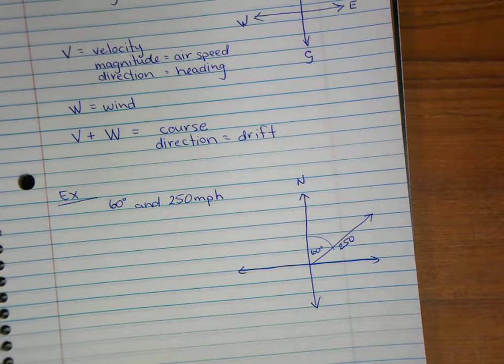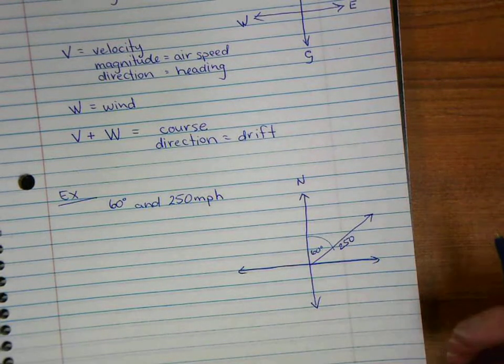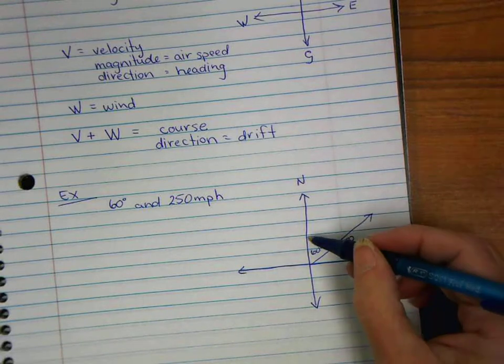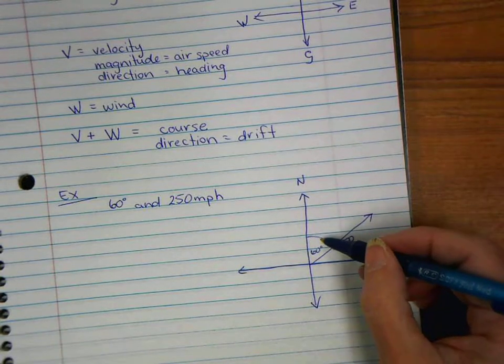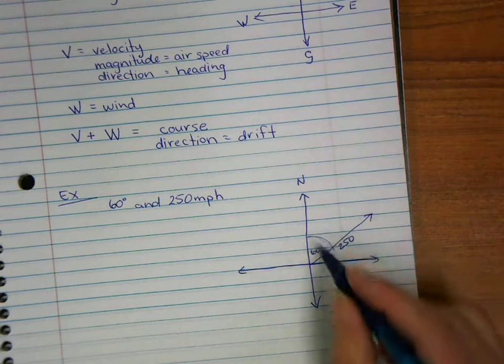Now we have a wind that is 40 miles per hour from 150 degrees. It has a heading of 150 degrees. So we're going to start from north and we're going to measure 150.